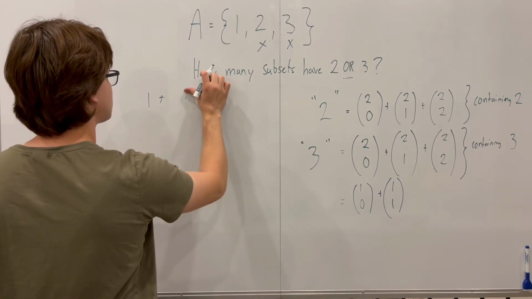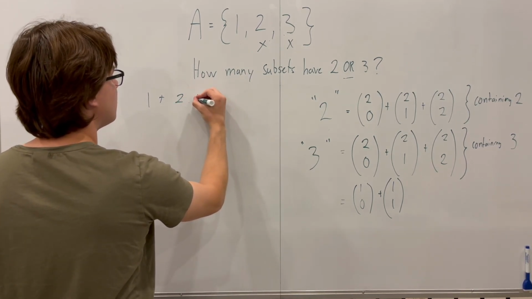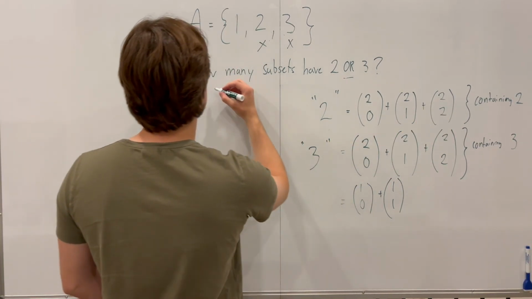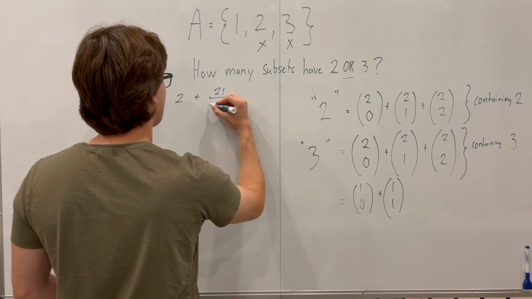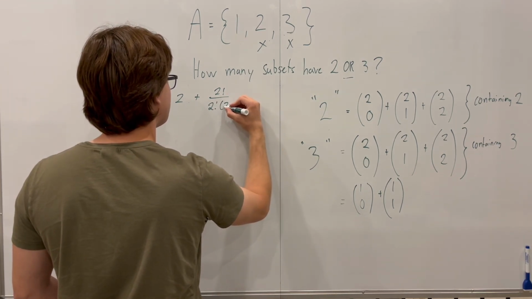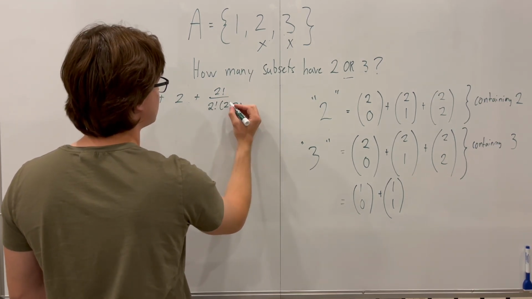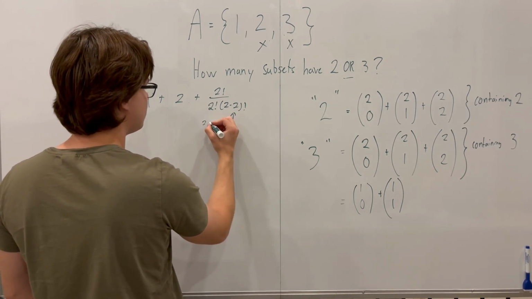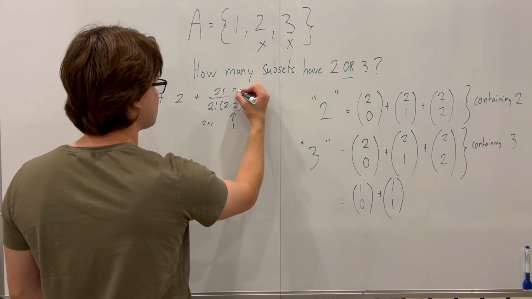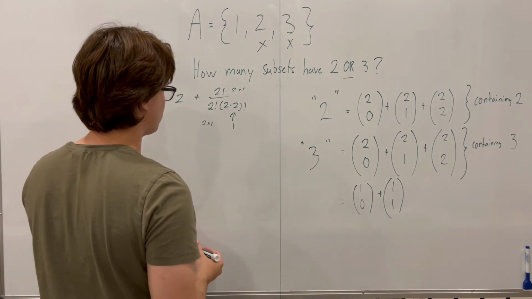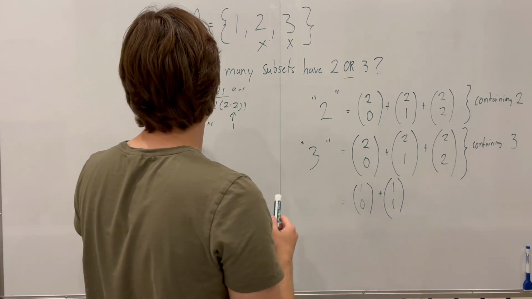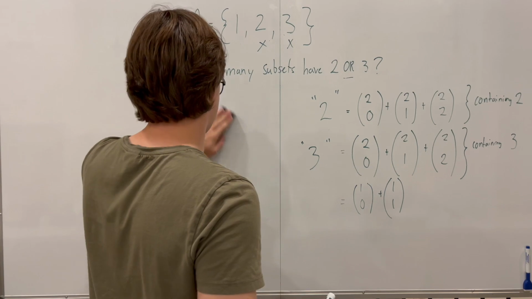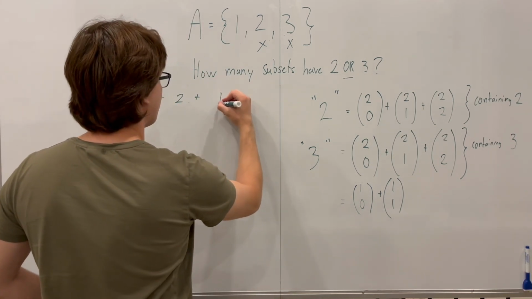So this is in fact just going to be 2 plus 2 choose 2 is going to be 2 factorial over 2 factorial multiplied by 2 minus 2, which is just going to be 0 factorial. So this is just going to equal to 1. 2 times 1, and then this up here is going to be 2 times 1. 2 times 1 over 2 times 1 is going to be 1. There's only one way to choose 2. So it's going to be plus 1.